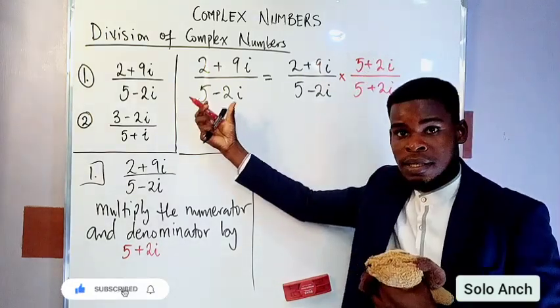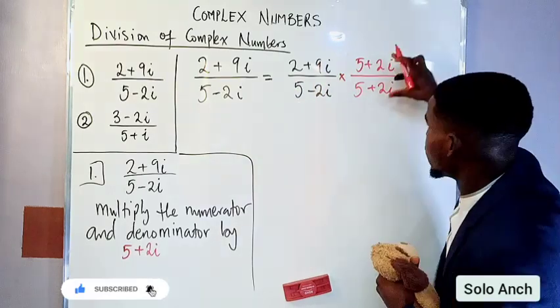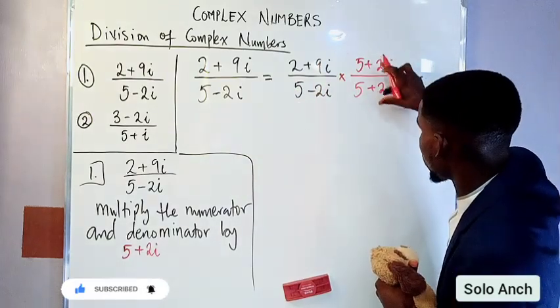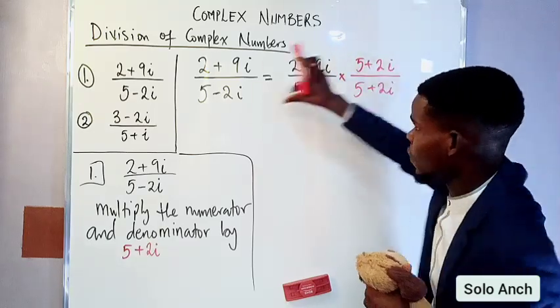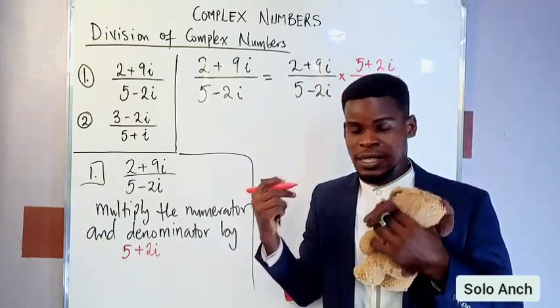We've not changed this, because the numerator and denominator of the second fraction are the same. Multiplying this fraction by 1, you haven't changed the fraction, so it stays the same.